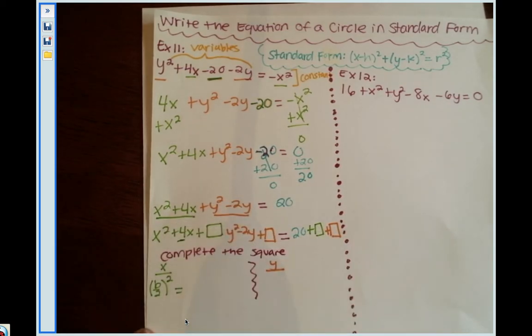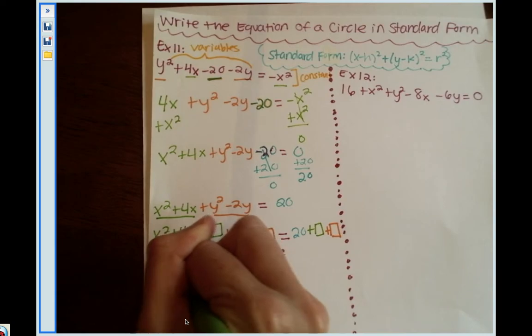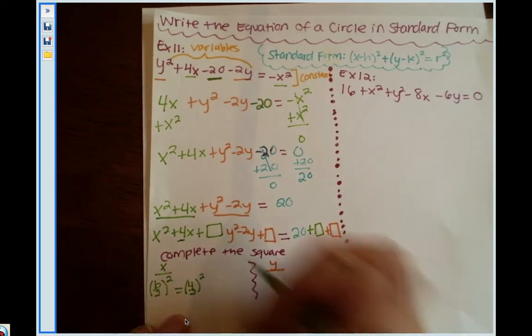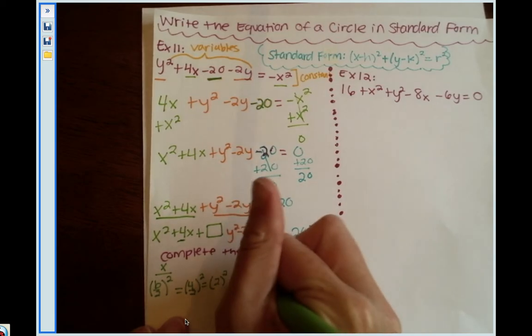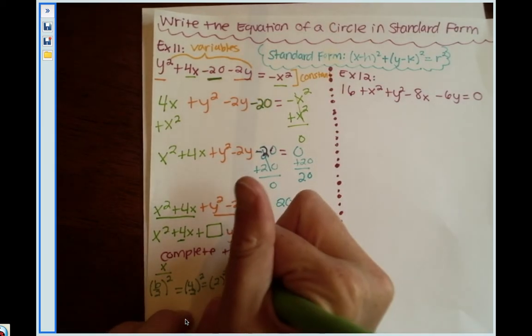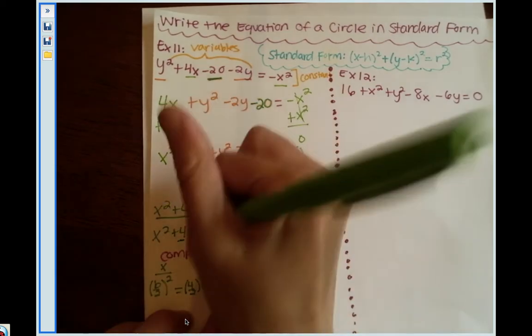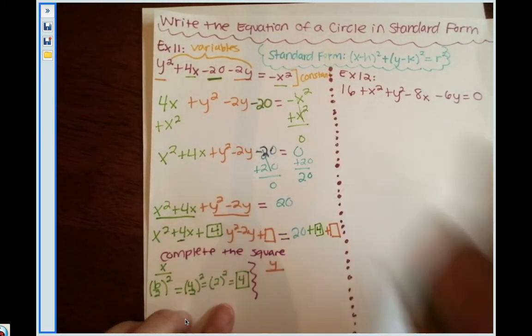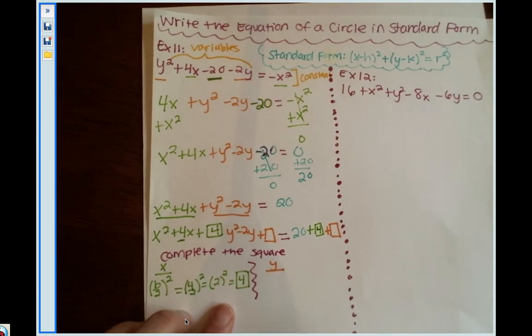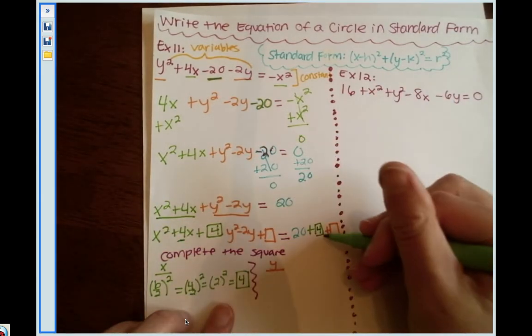So that's my b. It's going to be 4 over 2 squared, which 4 over 2 is 2, so 2 squared, 2 times 2, is 4. This is the number I'm going to put in my boxy. So I'm going to put 4 in here and on this side. If we add to one side, we've got to do it to the other side.